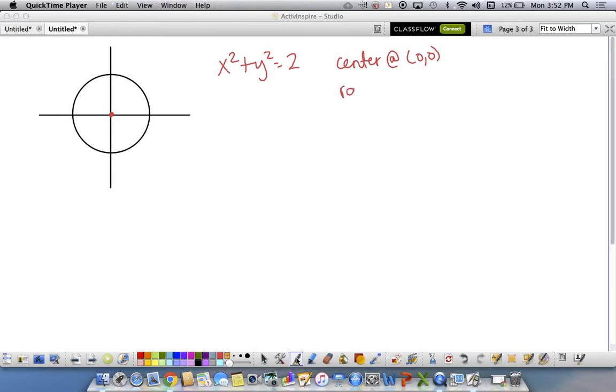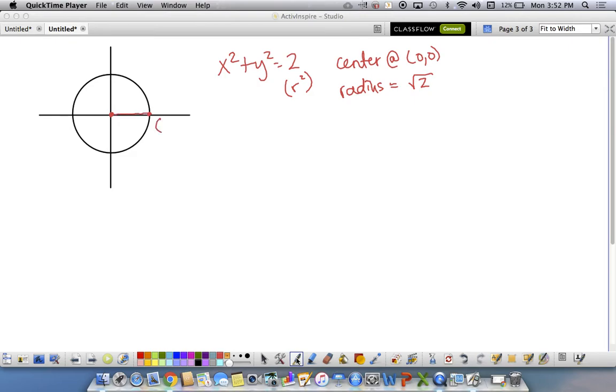What is the radius? It's x squared plus y squared equals r squared. Okay. What is that squared? A little tricky. It's a square root of 2. Okay. So could I find the point right here? What's the radius?